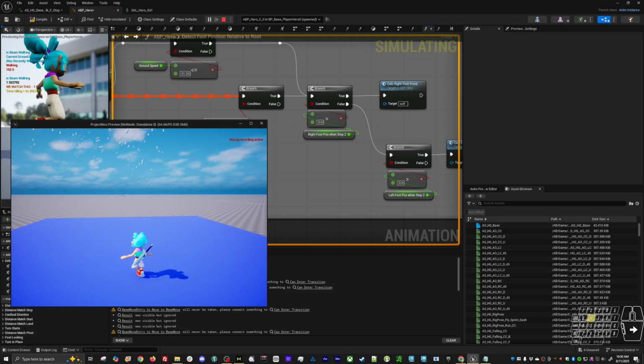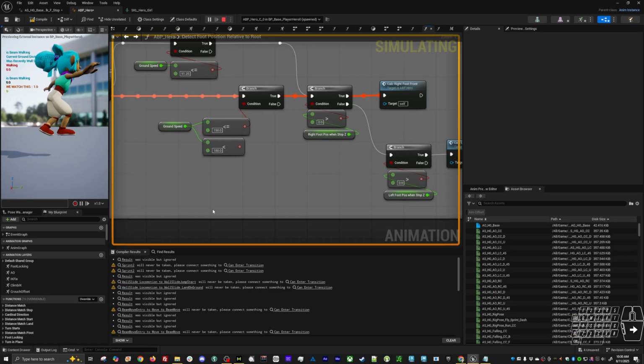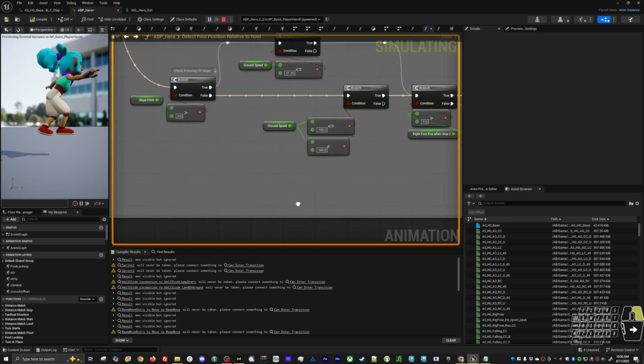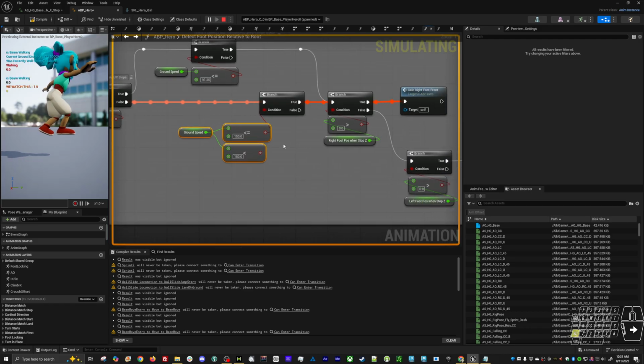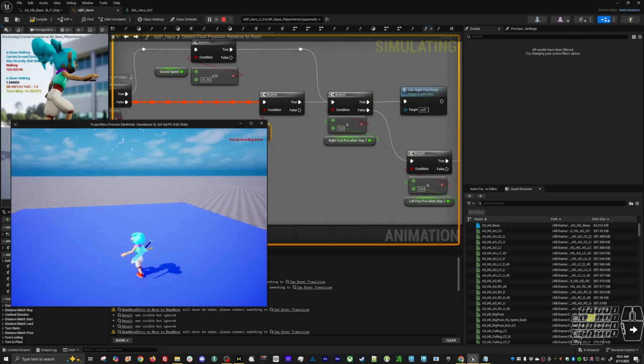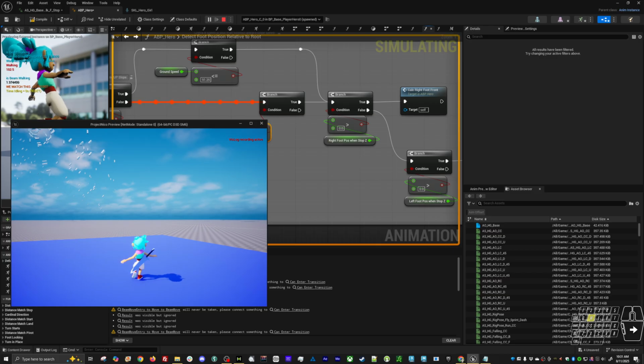Okay, so none of this is calculating yet. It all calculates when we stop. Okay. So we're not on a slope. Our speed is less than or equal to 0. Our right foot position when stopped.